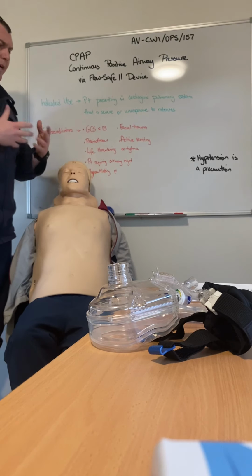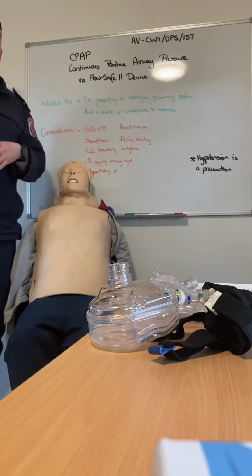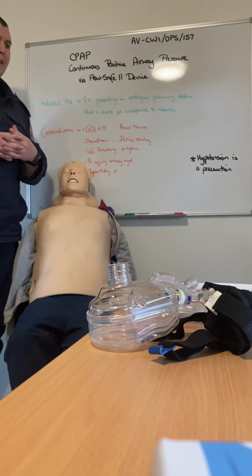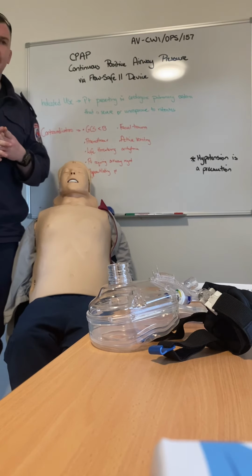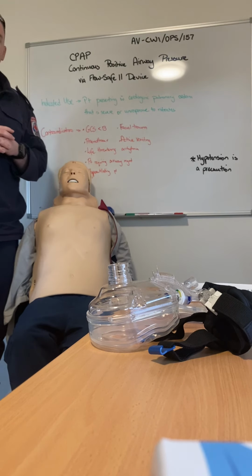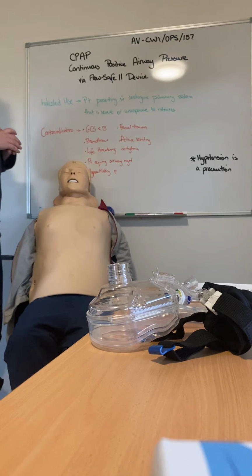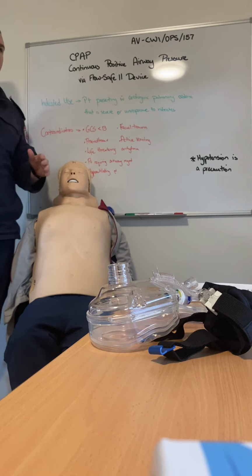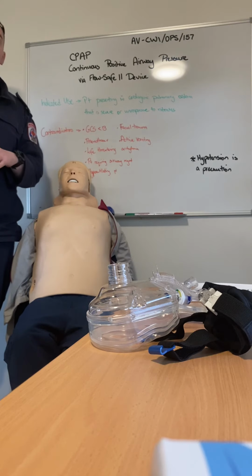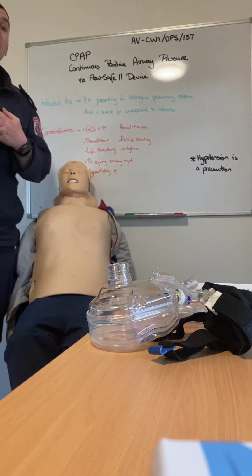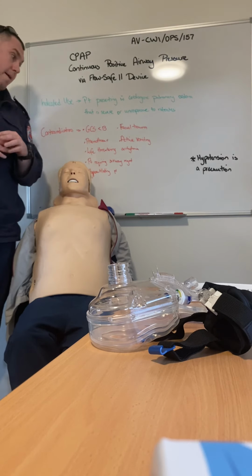So patients who have APO but it's a reversible cause, particularly things like your VTs, SVTs, we're not to utilise the CPAP, we are to fix that problem first. Patients who require airway management, what that means is if you're considering the use of OPAs, NPAs, LMAs, endotracheal tubes, you're not to be utilising the CPAP mask.